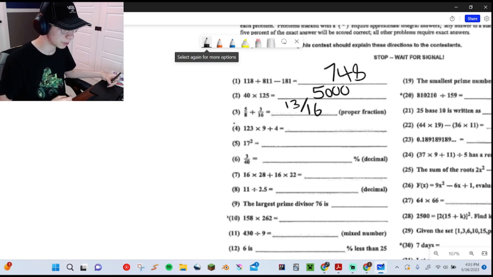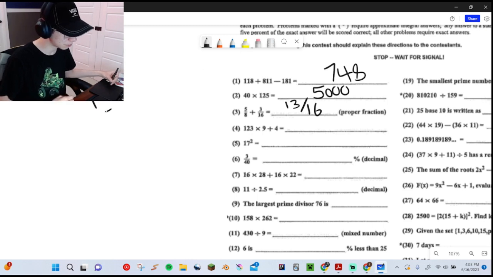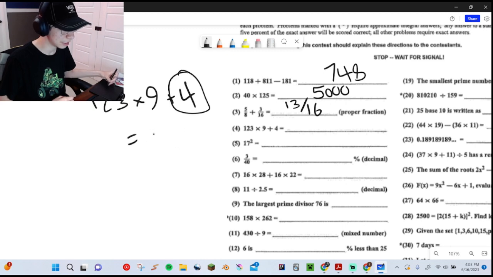Okay, so for number 4, this is a pretty common trick. So if I have increasing numbers like 1, 2, 3, just like the whole numbers, times 9, and then I add the next number, which would be 4, it's always just this many ones. Always.